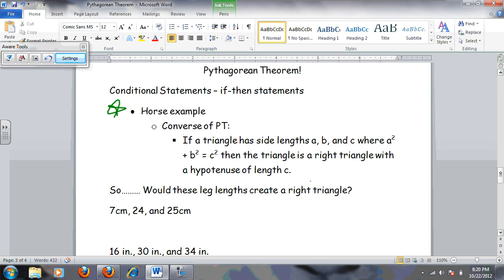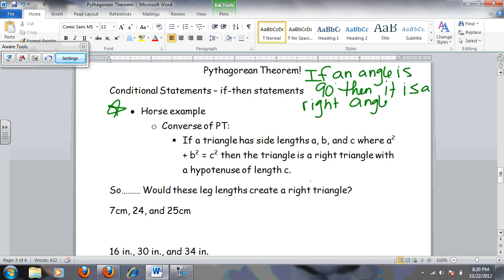For example, if an angle is 90 degrees, then it is a right angle. That is true, right? If I have an angle that measures 90 degrees, it is then a right angle. Can I say the converse of that?